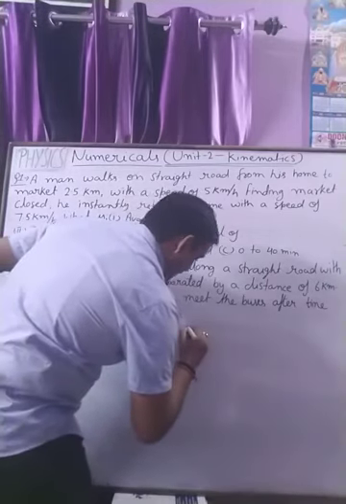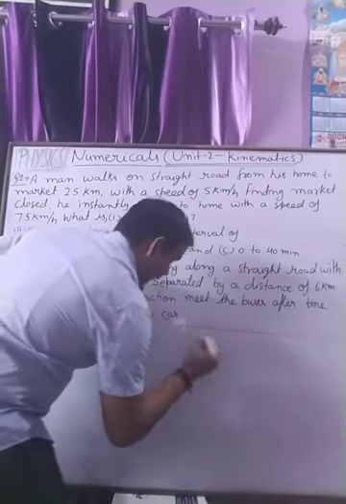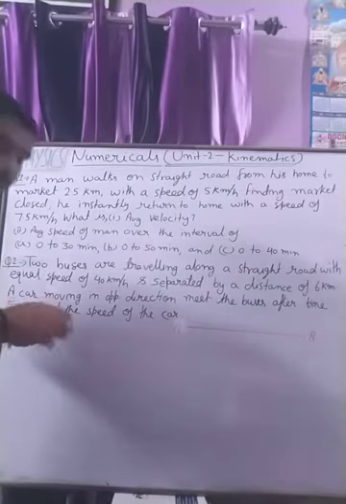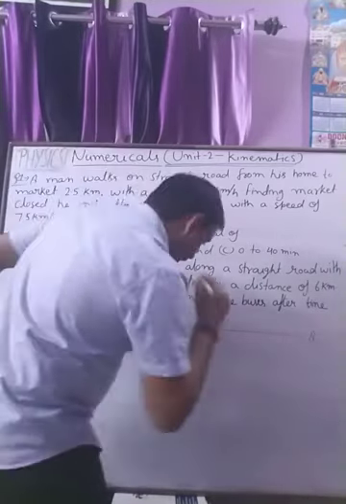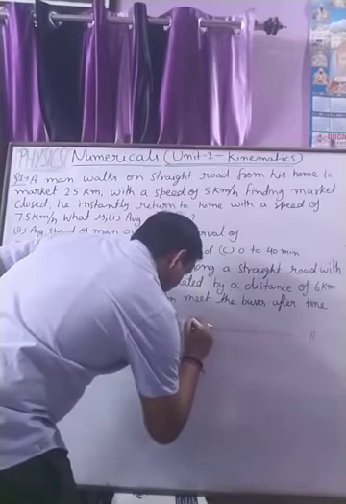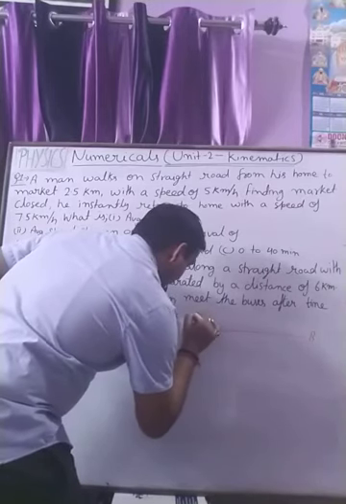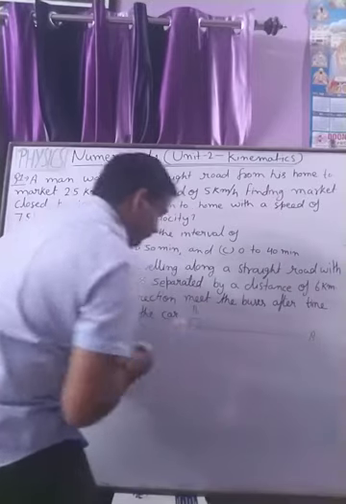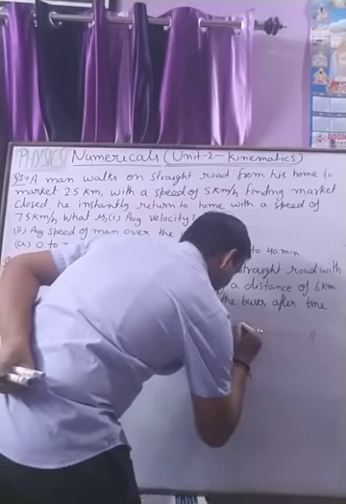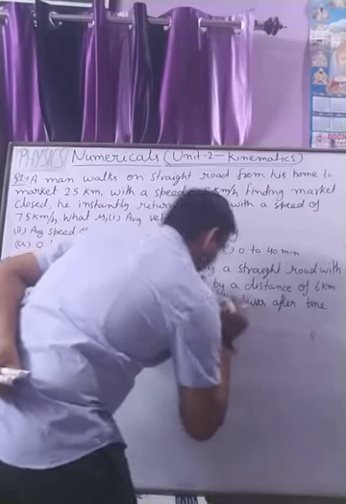This is a straight road from A to B. Now the bus B1, and this is the second bus, say B2.